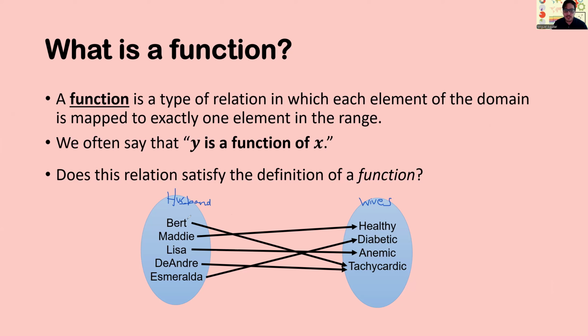So this is still a function, even though both Bert and, let's see, DeAndre are both tachycardic. But if we just focus on the behavior of the quote unquote husbands, Bert only has one wife and DeAndre only has one wife, and that's all we're paying attention to. So that's what makes this a function.